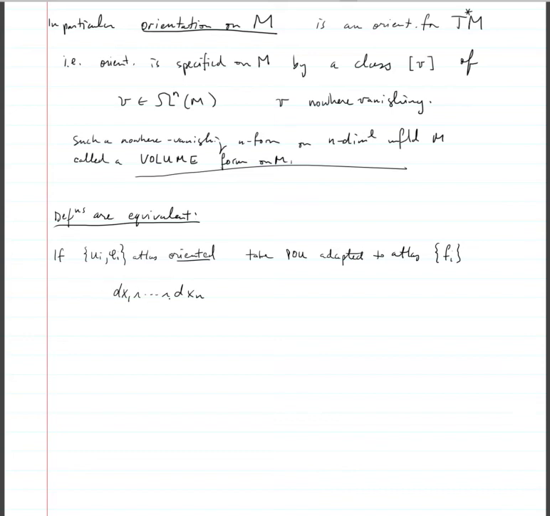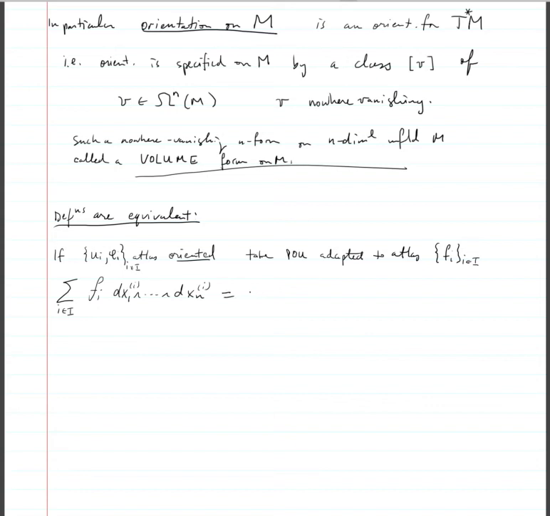I'll put an i to indicate that it's the ith coordinate chart, and then scale it by f_i, and then take the sum over the index set for the charts.